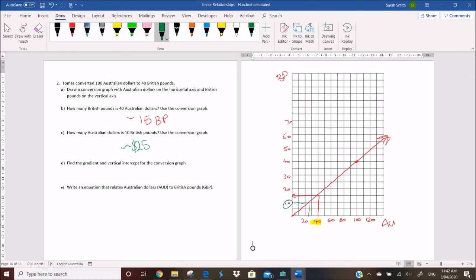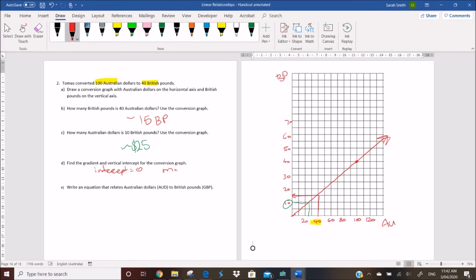Now, if we wanted to find the gradient and vertical intercept of the conversion graph, we want to use the point that we were given. So we're going to use the point up here. So 100 Australian dollars, 40 British pounds. Our intercept is going to be 0. And our gradient, so because we're going to use our 0, 0 and the point we were initially given to find our gradient.